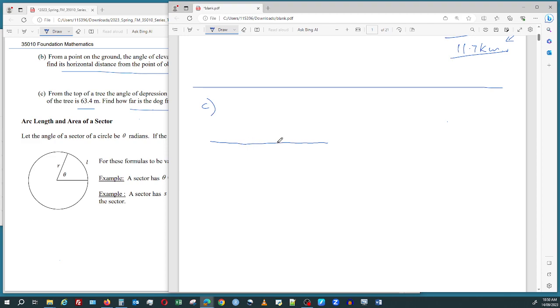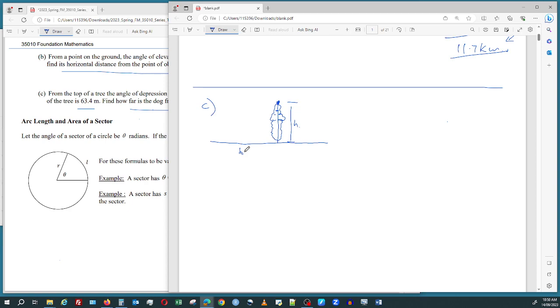So we've got a tree. Often they're a bit symmetrical, aren't they? Okay, a tree. You can make it a bit more seesaw if you want to. Anyway, I'll let you do your tree. That's my tree. Now we don't know the height. The dog's looking up, seeing that. Well, what's the height?